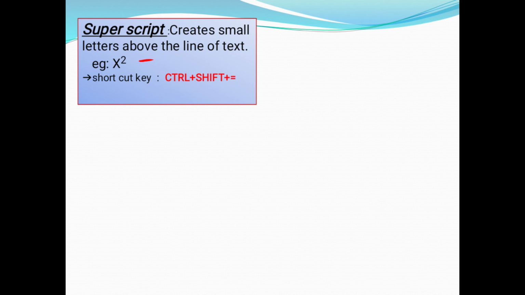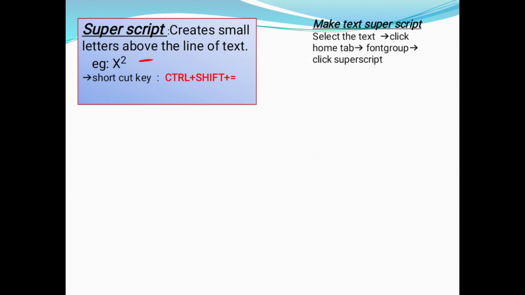To make text a superscript, what do you mean by superscript? It creates small letters above the line of text. Here is an example, x squared. How to do this? First you select the text and then click the Home tab.